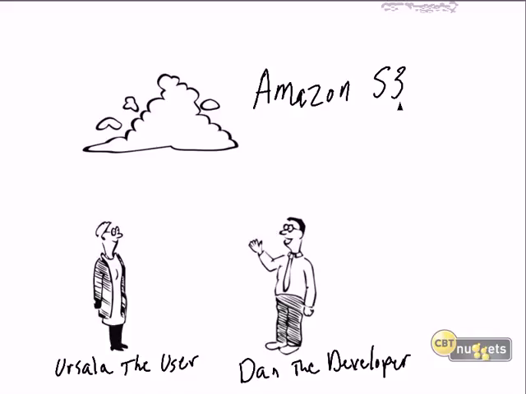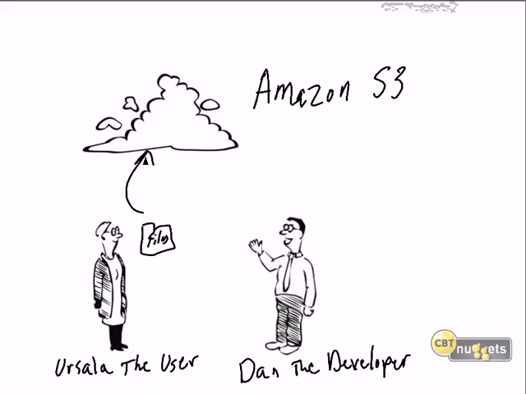Here's the difference, and you're going to see this as we sign up for the Amazon S3: Ursula, in her mind, just wants to be able to take some files. So we've got her little file here, and she wants to put her files up here into the cloud.